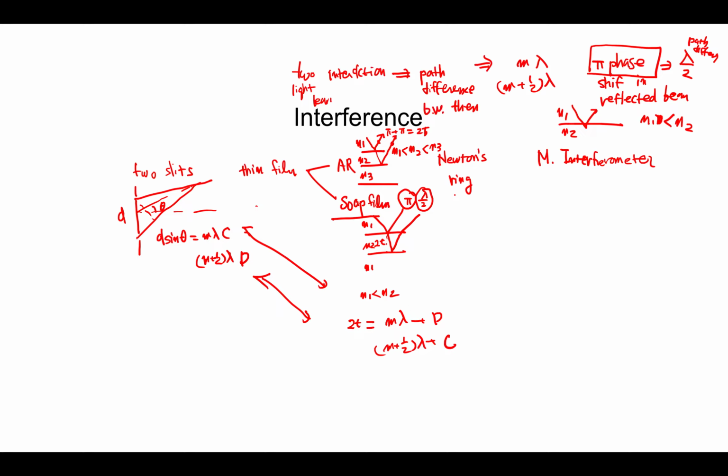And the same for the Newton's ring, you have a Newton's ring here. And note that it is glass, air, and glass. So you have to think about that there is another reflection here. If you just blow up, there is air, and then glass.